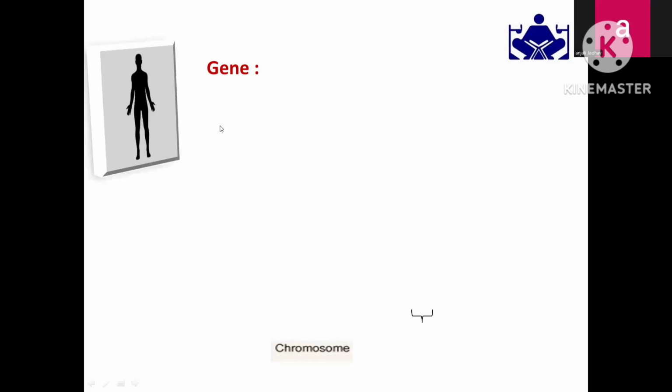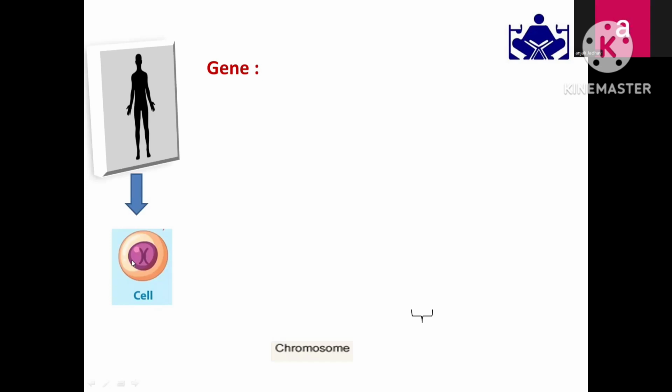चलो देखते हैं. Now on the screen you can see a human being. Any organism, for example a human being, is made up of cells. A human being is a multicellular organism made up of many cells. So, ये सारे cells में से हमने लिया एक cell.